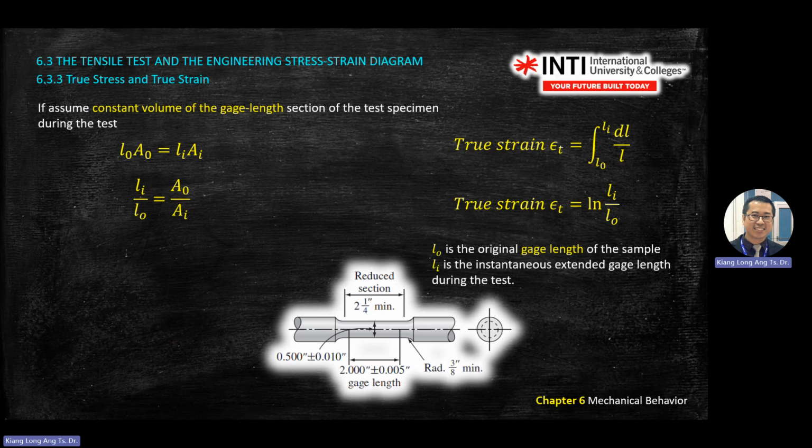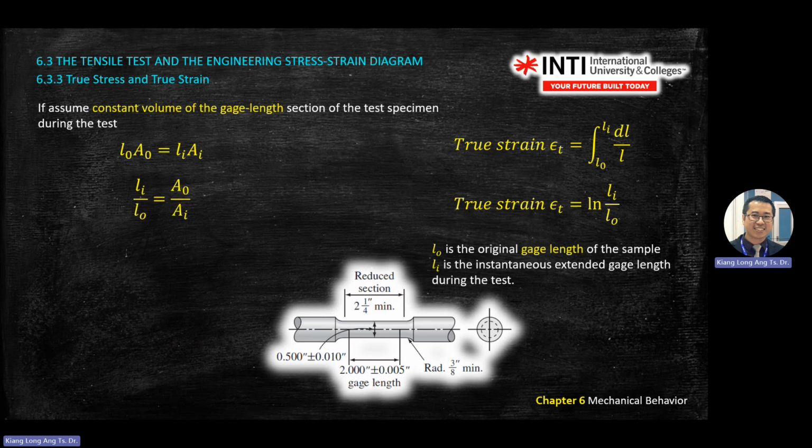So you write Lo multiplied by Ao, you get volume. Lo is before, Li at that time of the experiment. So Li multiplied by Ai, you get volume.